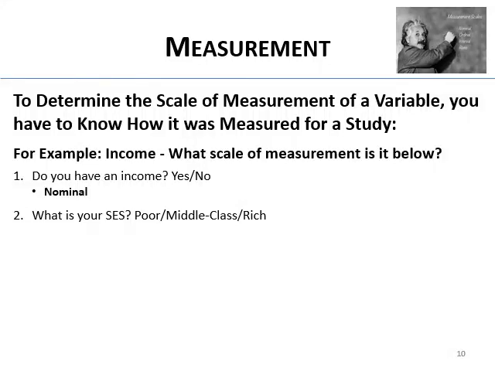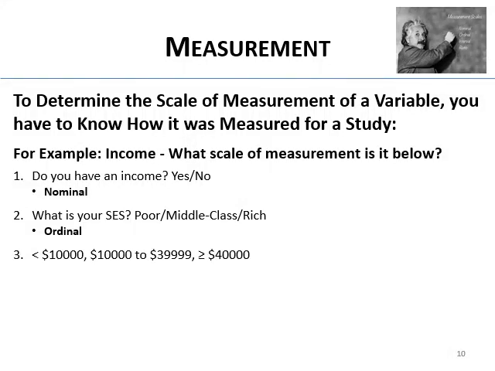And you know that basically a higher category, they make more. It's not equal in any way, and you can't do fancy math with it. You know that someone who's rich makes more money than someone who's poor, and someone middle class more than someone who's poor, etc. So this is an ordinal scale of measurement. Okay, those were the easy ones.